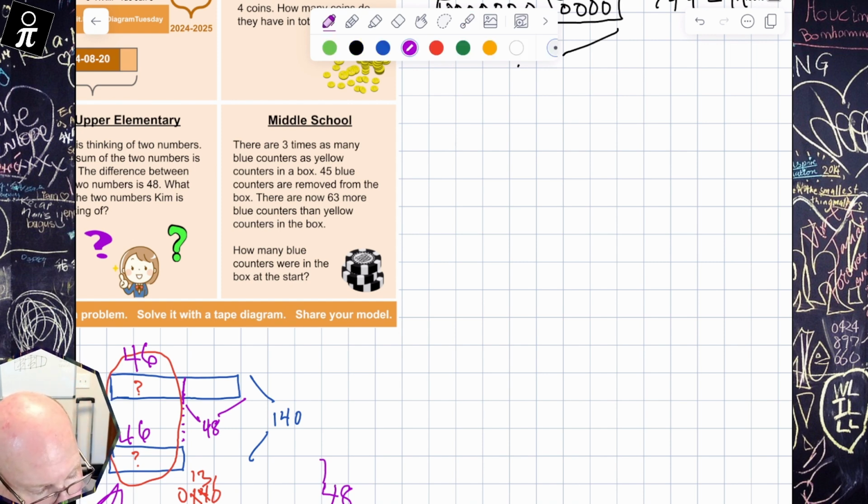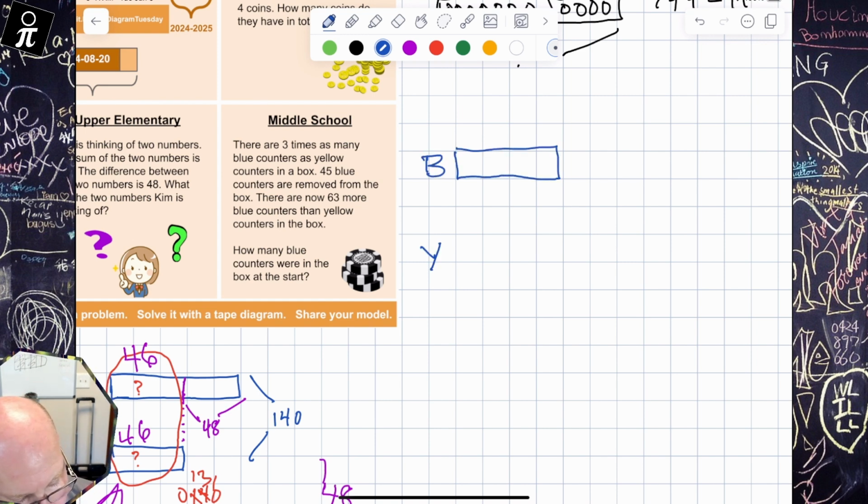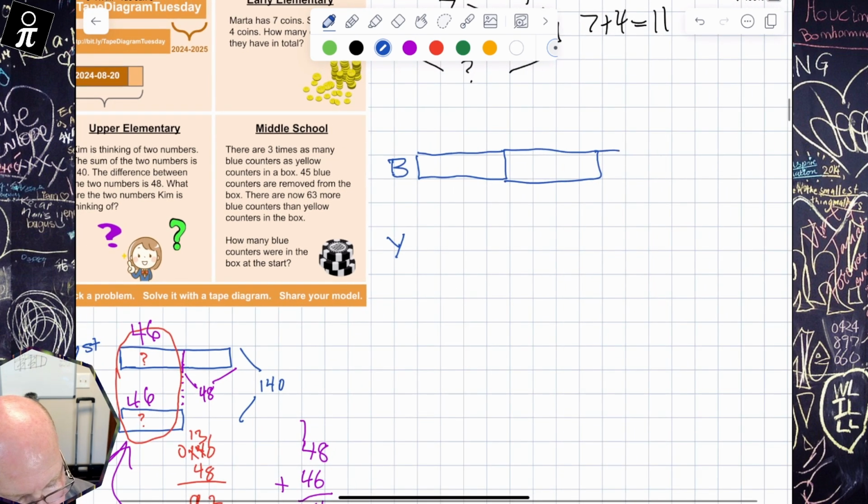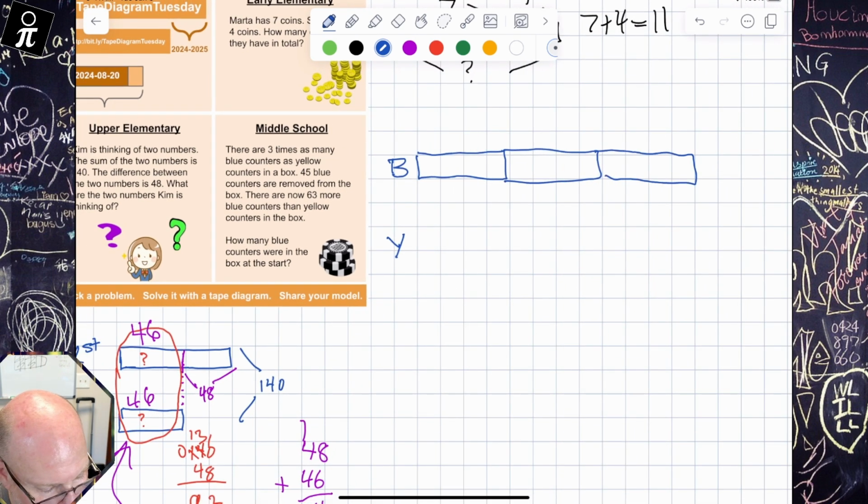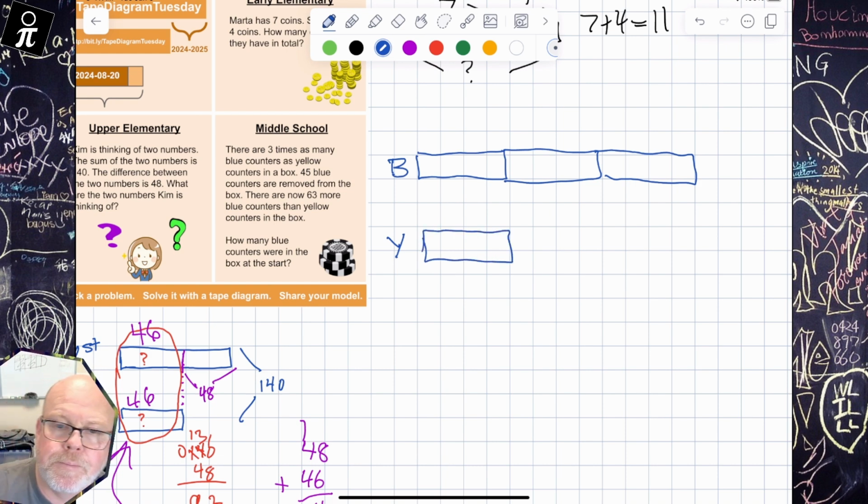All right, so let's start with, we got our blues, and let's see, we've got our blues, we've got our yellows, and we know that there's going to be 3 blue units, and there's only going to be 1 yellow unit. All right, right there.